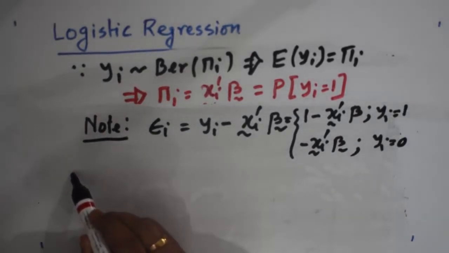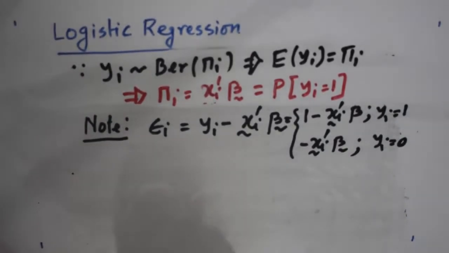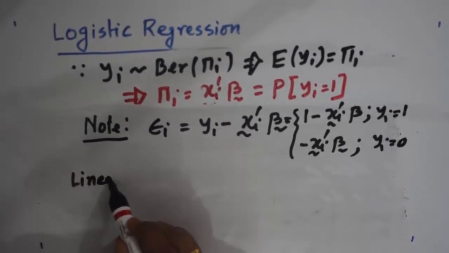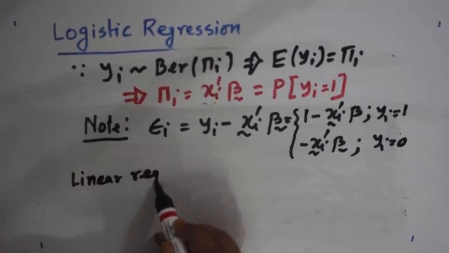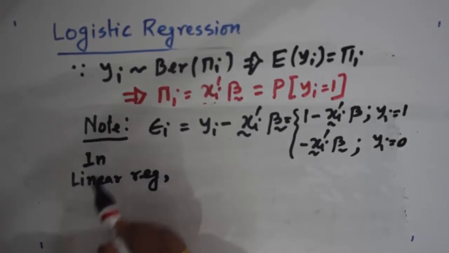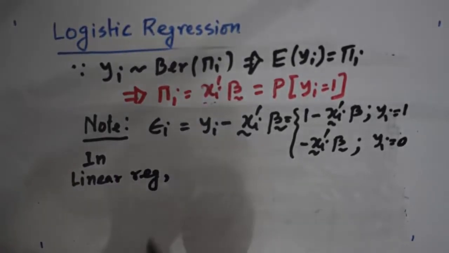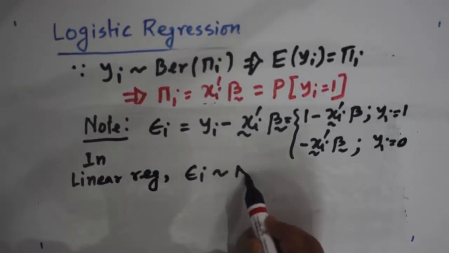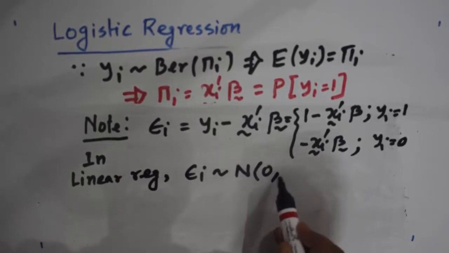We know in linear regression epsilon i follows normal 0 sigma square.